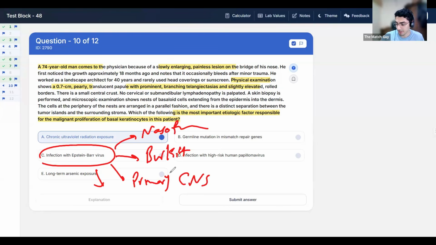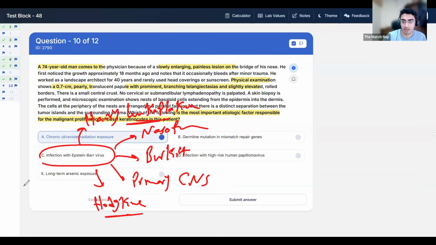Amazing. What else? Hodgkin lymphoma. Let's make it 5. Amazing. Oral hairy leukoplakia of the mouth. Okay. Excellent work, guys.